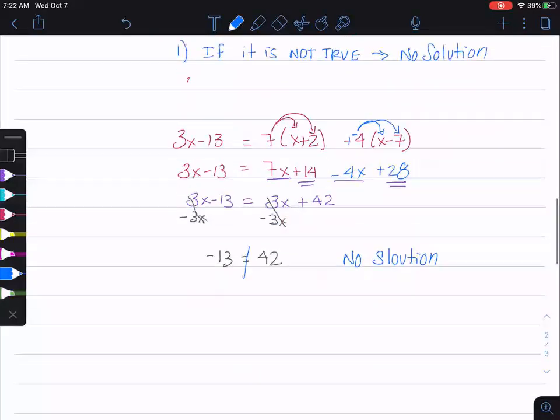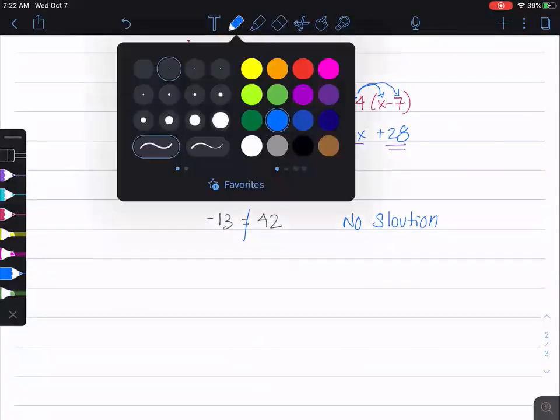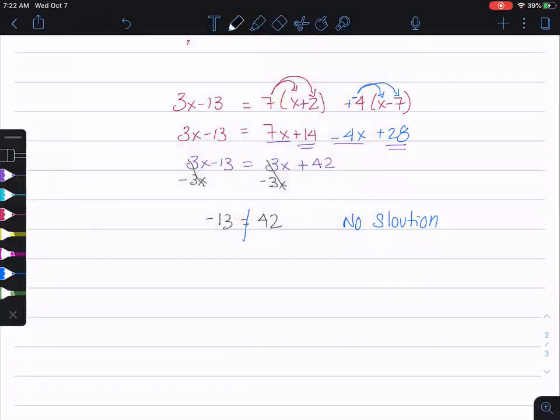Now here's another problem. If I gave you as an example 3 times 2x plus 2 minus 3x equals 6 plus 3x, and I asked you to solve this problem, I would do the exact same thing. I would distribute in.